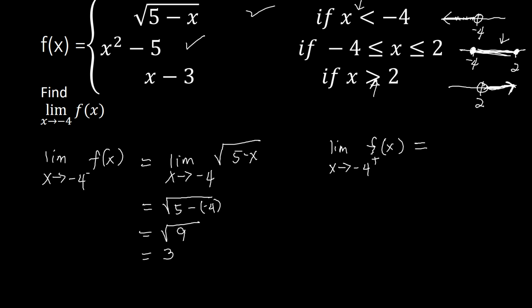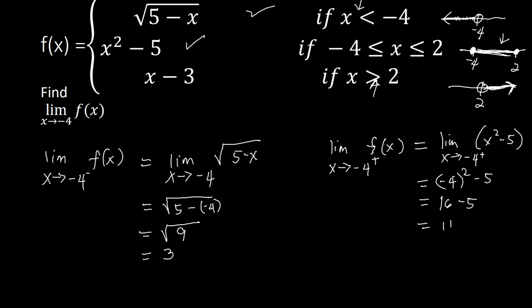So basically we're going to use the second function. We have here the limit of x squared minus 5 as x approaches negative 4 coming from the right side. Substituting, we've got negative 4 squared minus 5. This is 16 because negative 4 times negative 4 is 16, minus 5. This is equal to 11.